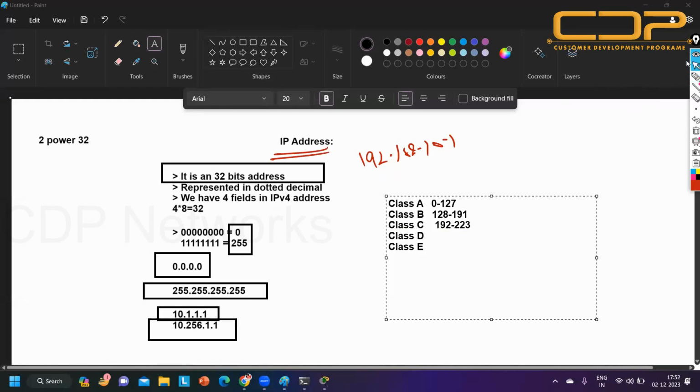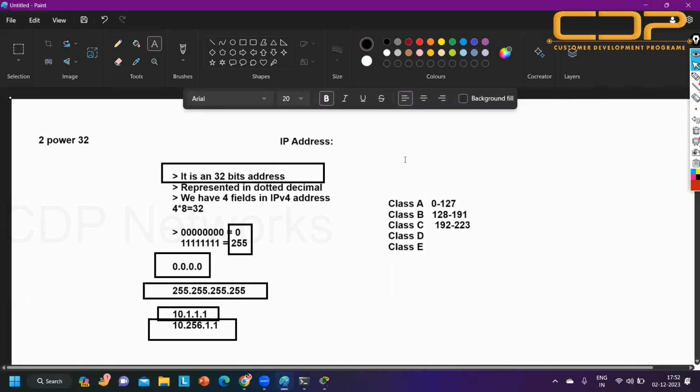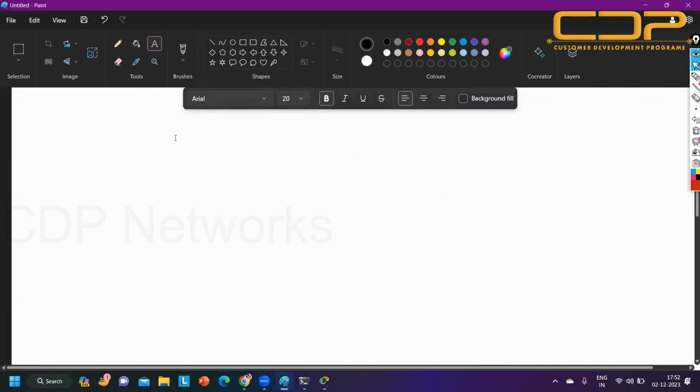Now, the next thing. Here I am writing one IP address, 10.10.10.10.